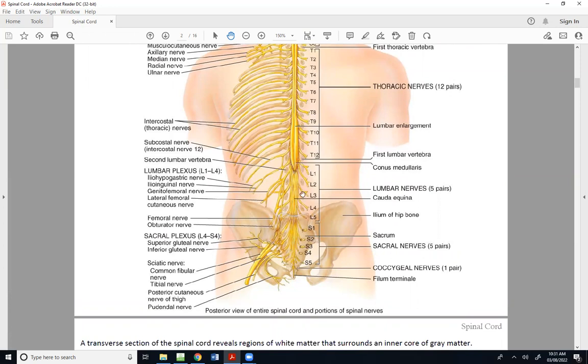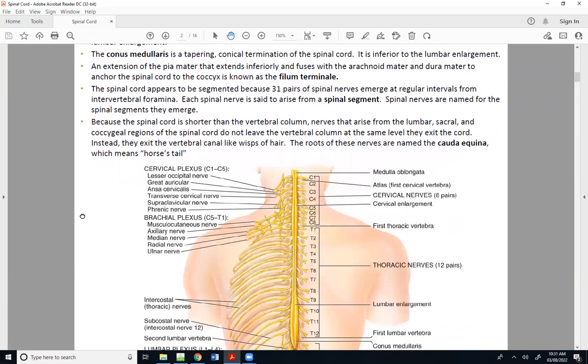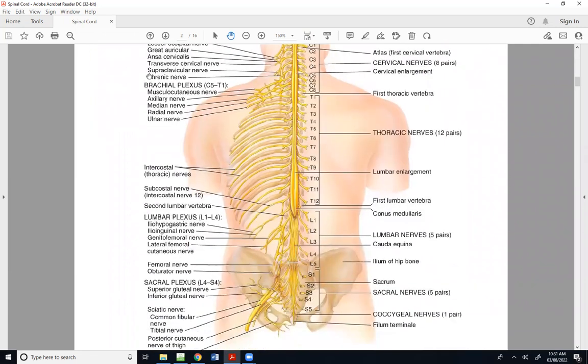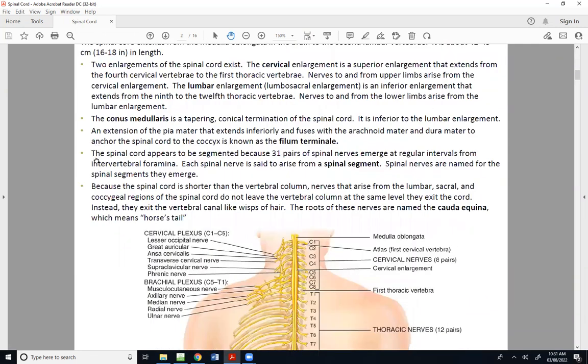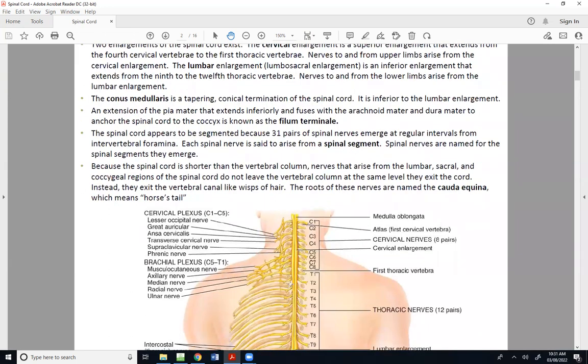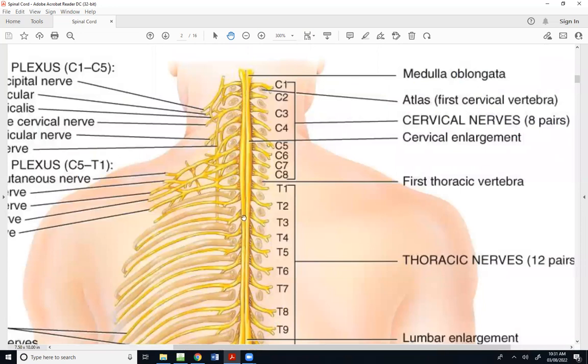And that's what it actually kind of looks like, a wispy horse's tail. Now, labeled in this picture, we see a lot of abbreviations like C1 all the way down to S5. Those are referring to spinal nerves and spinal segments. On both sides of our spinal cord at regular intervals are a pair of spinal nerves, like these here, these here, these here.